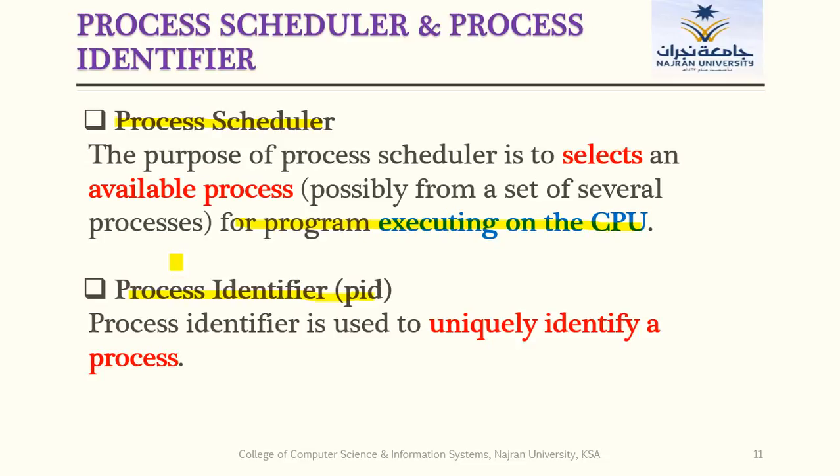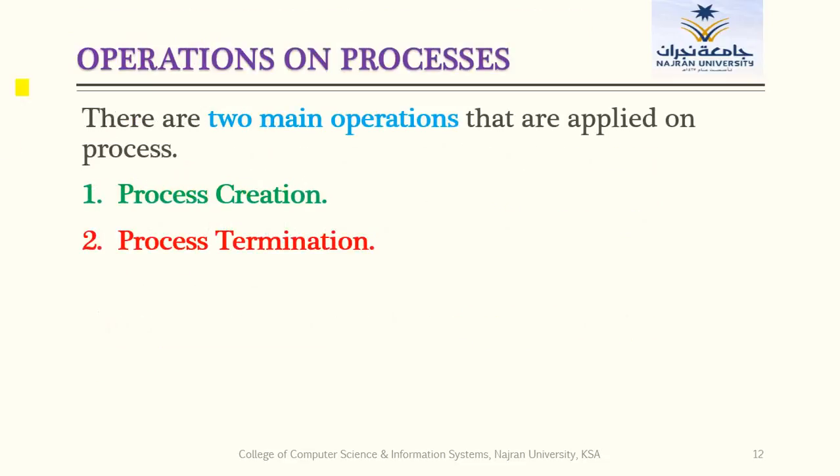Now we will continue with the next topic: what are the operations on a process? Before that, again, what is a process? A process is an instance of a computer program. So when we discuss operations, how many operations?